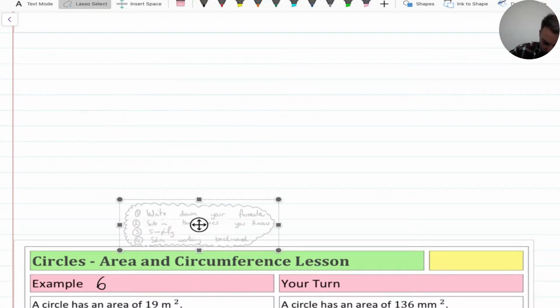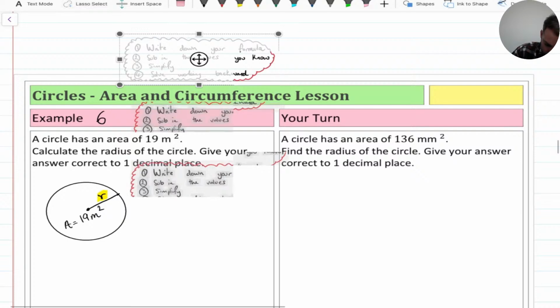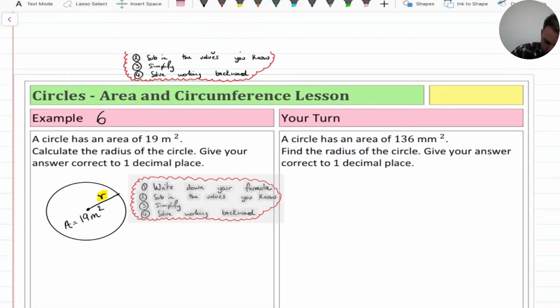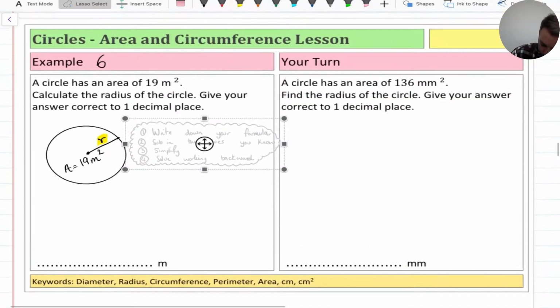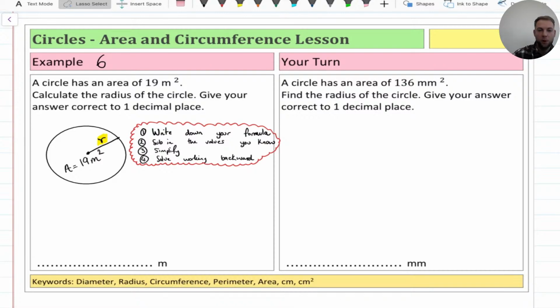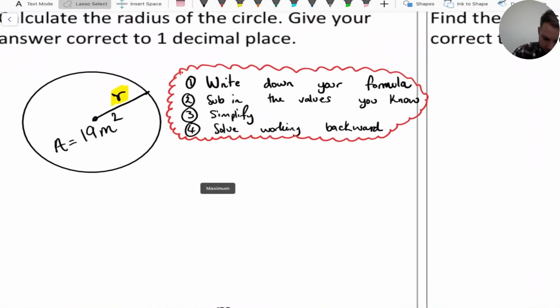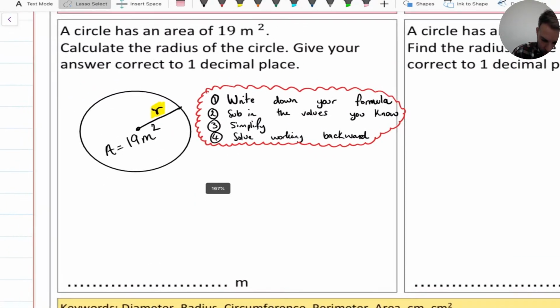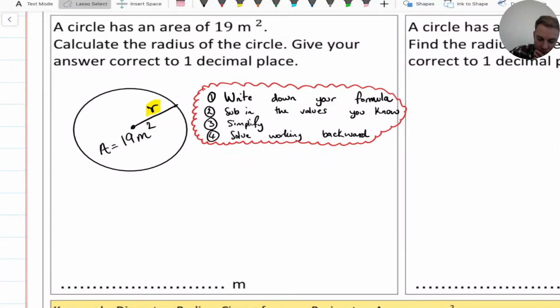Let's just bring this down so we've got it in here. There's the question. We write down the formula, sub in the values that you know, simplify, and then solve working backwards.